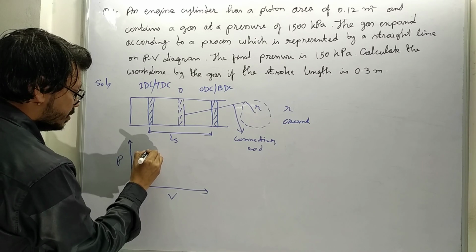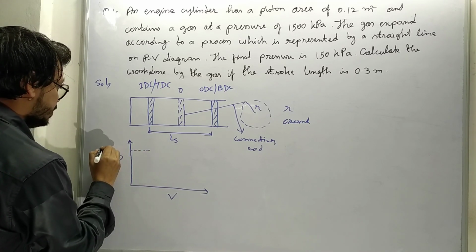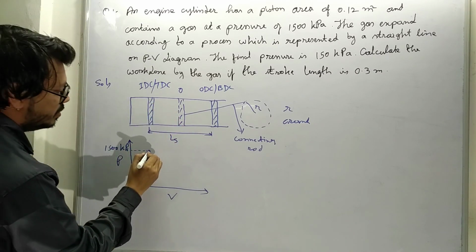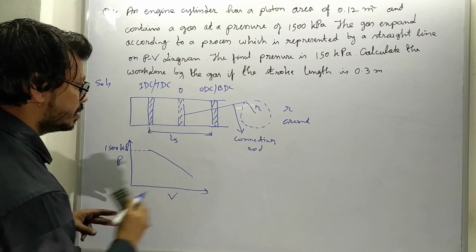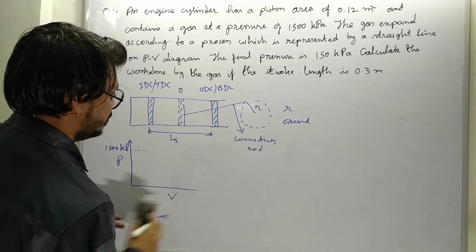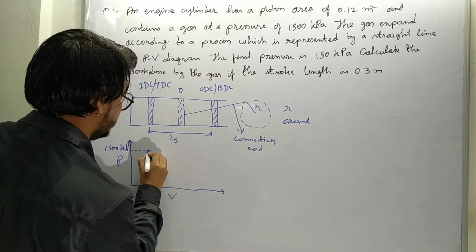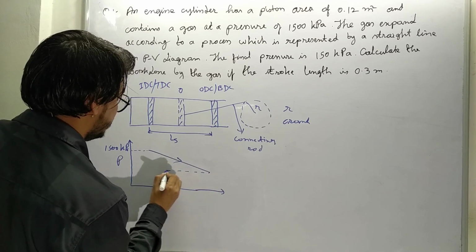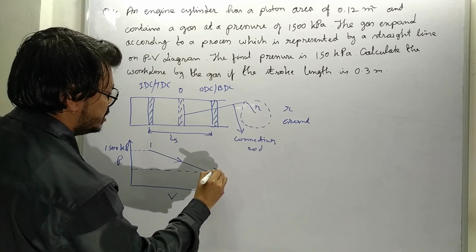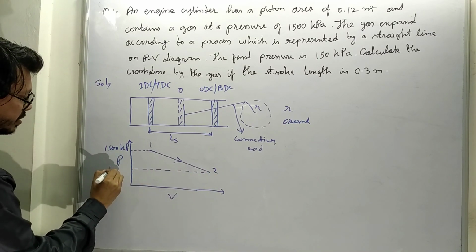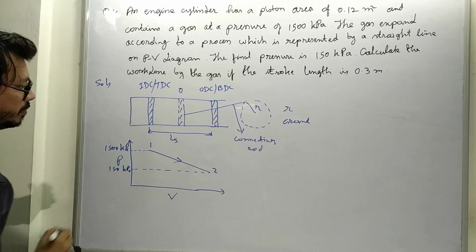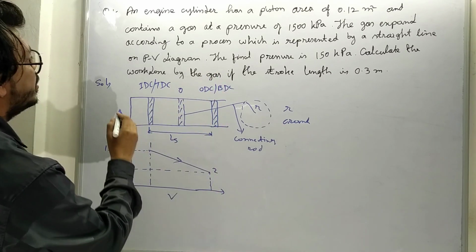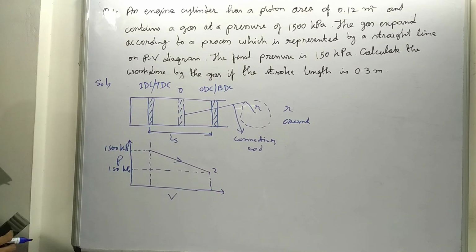Initially we have the piston here where pressure is 1500 kilopascal, and it expands from state 1 to state 2 where the pressure is 150 kilopascal. Now we have to find the work done by the gas if the stroke length is 0.3 meter.